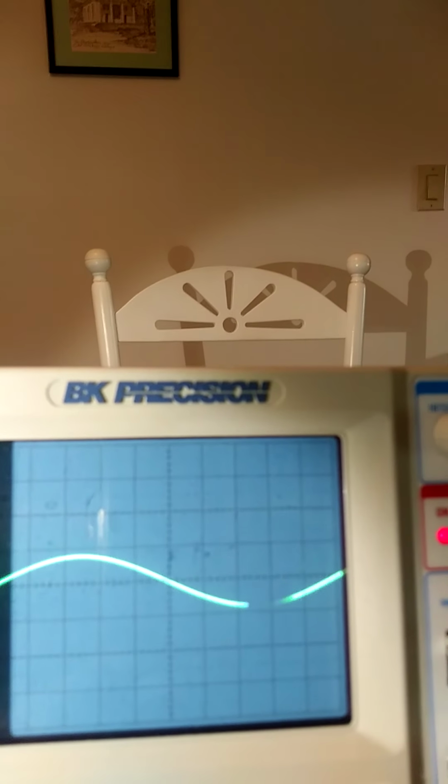Go ahead and do that step. Remember that T is equal to the time per division times the number of divisions, which is the number of squares.